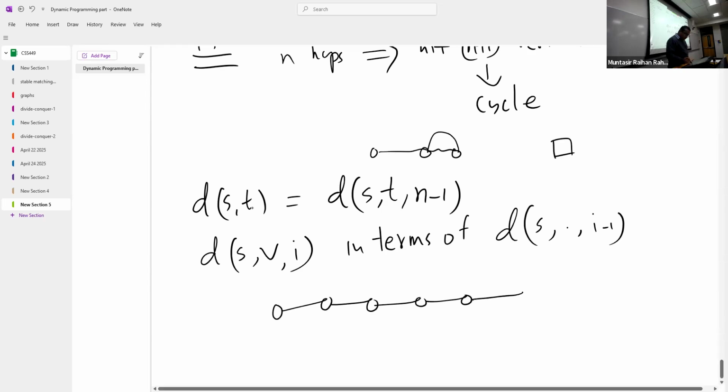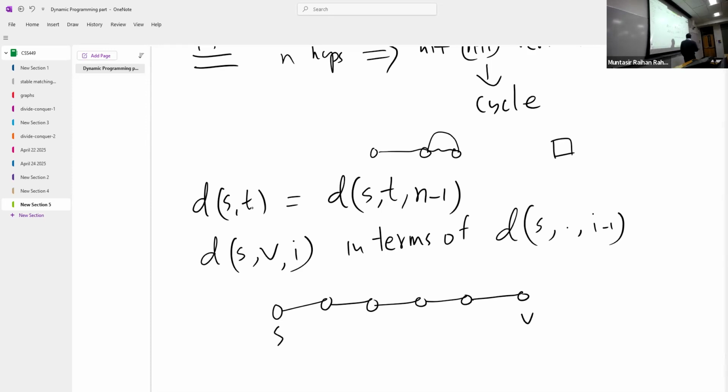If you have a possible path from S to V, and you want to find the best path from S to V, it's like finding an optimal path from S to any neighbor of V, and then you recursively find the cost from S to one of these neighbors, and then find which combination of that smaller optimal path plus the last edge cost is the better one, and that's your strategy here.